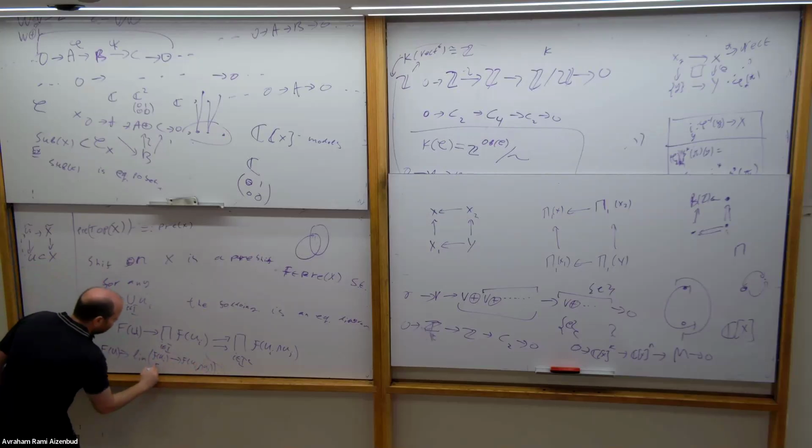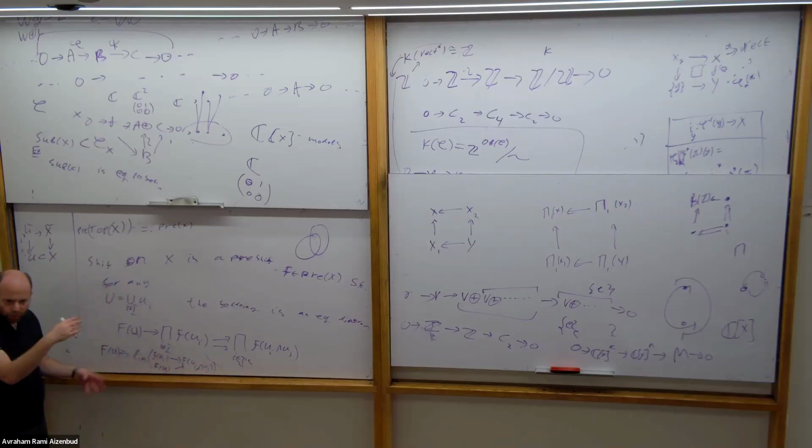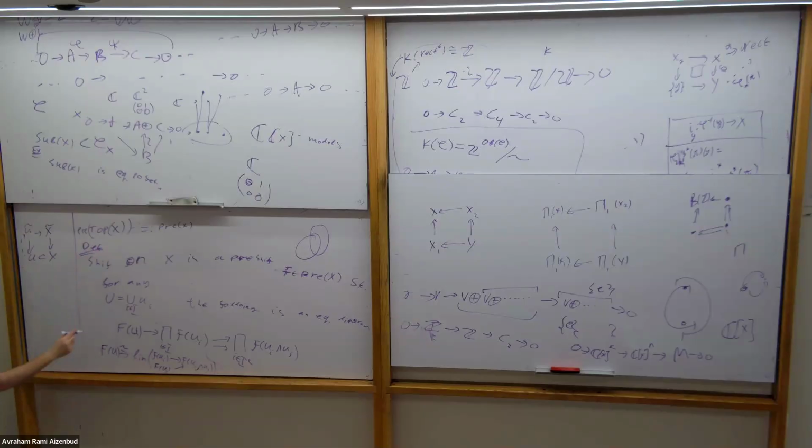Maybe I should write it. The index ranges over all Ui and Uj, so we have a big diagram, we take the limit, and I want this map to be an isomorphism. Definition: a presheaf is a sheaf if for any cover the natural map from here to here is an isomorphism. So this was definition 1, and this is equivalently the natural map from here to here.